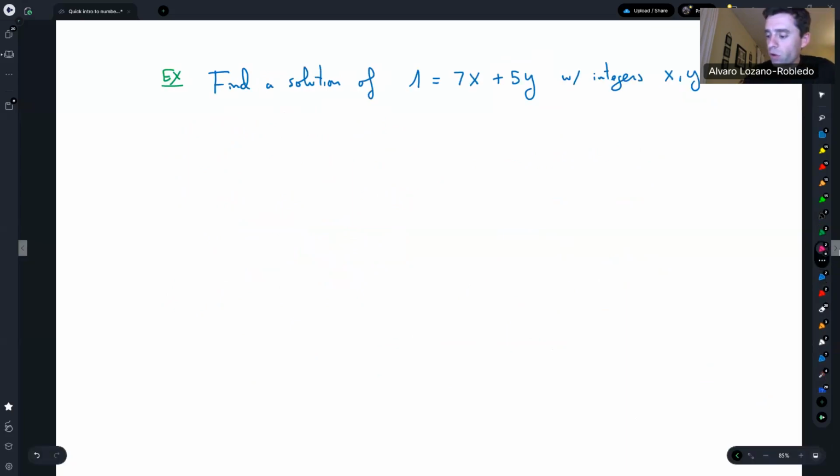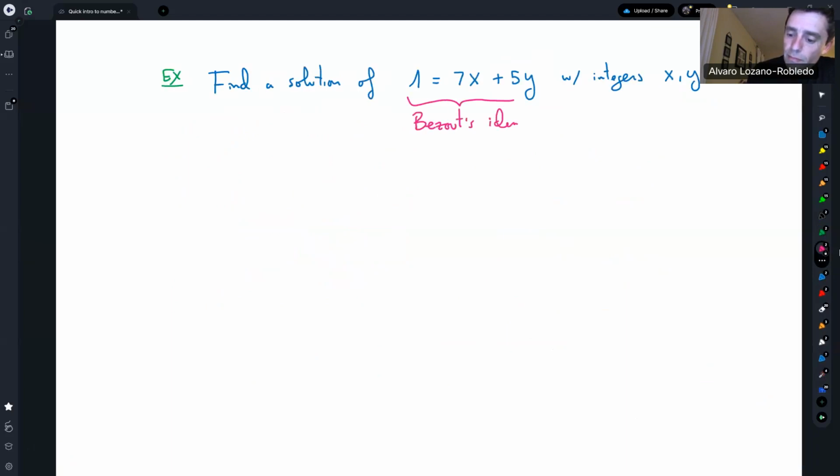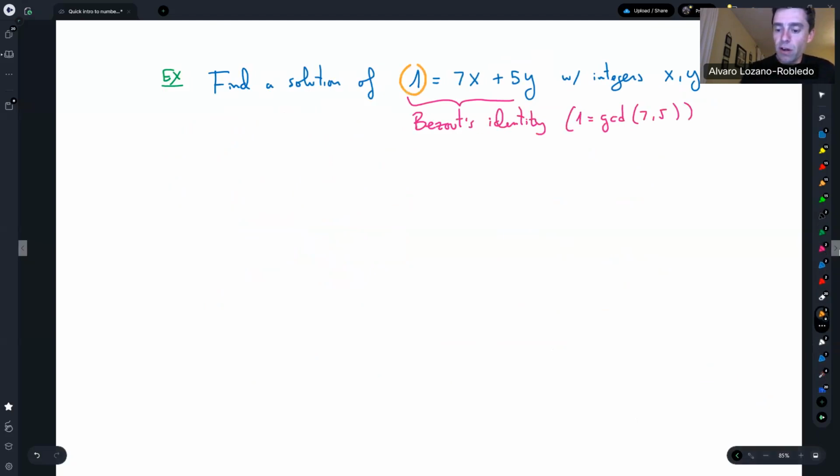This is what's called Bezout's identity, where here 1 is the GCD of 7 and 5. So the 1 that appears here is the GCD of 7 and 5. We're going to find a solution to that equation using Euclid's algorithm and then sort of reversing Euclid's algorithm.